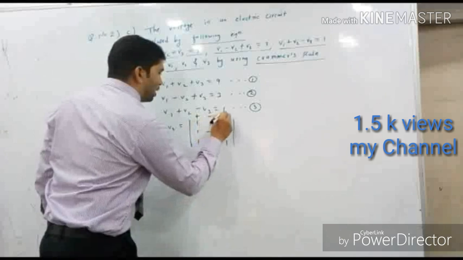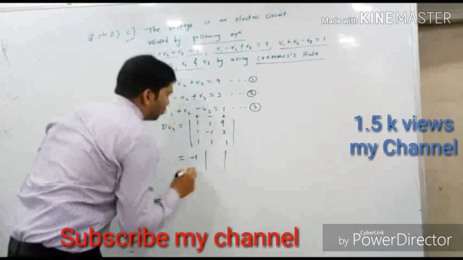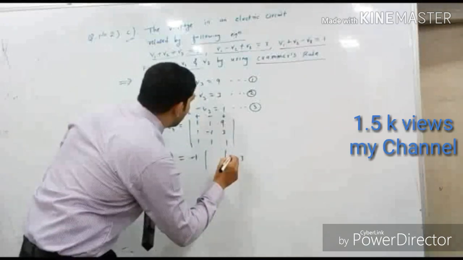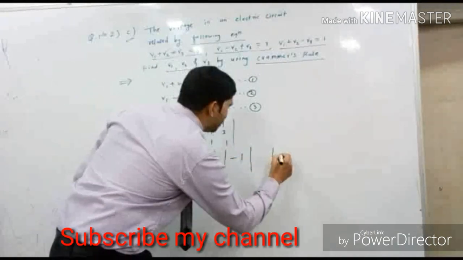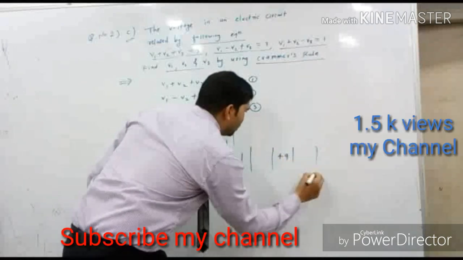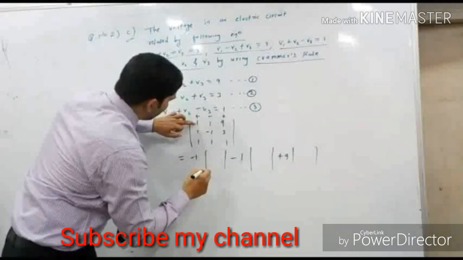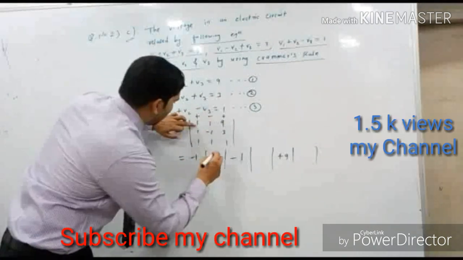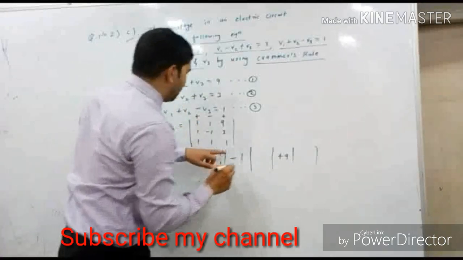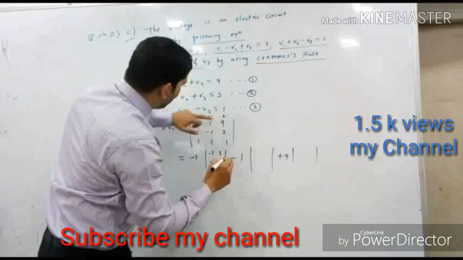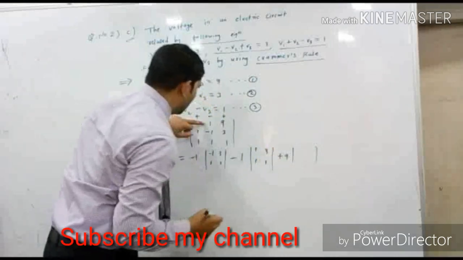So put here plus minus plus: take this plus 1, 2 by 2 determinant, minus 1, then 2 by 2 determinant, and plus 9, then again a 2 by 2 determinant. So take this, this column and this row get omitted: we have minus 1, 1, 3, 1. Then minus 1, this column and this row get omitted: we have 1, 1, 3, 1.